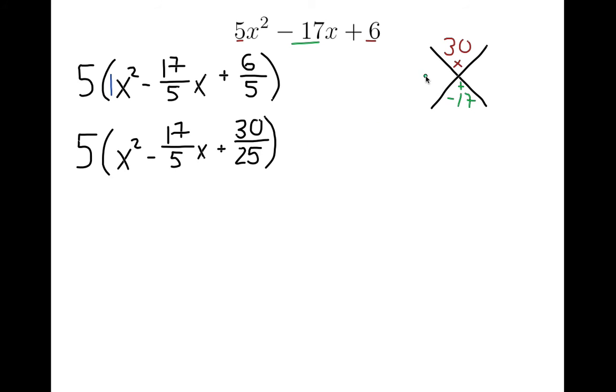And before they were negative 15 and negative 2, and they're the same thing again, except they're just going to be, like I said, in terms of fifths. So my two numbers that are going to add and give me negative 17 fifths and multiply and give me 30 25ths, well, they're going to be my negative 2 fifths and my negative 15 fifths.